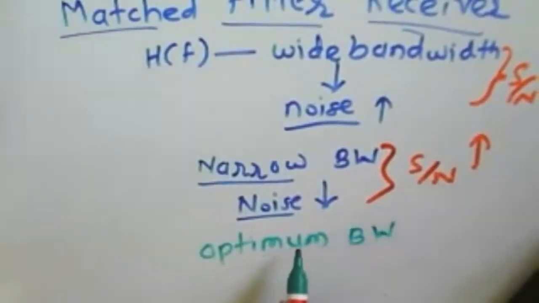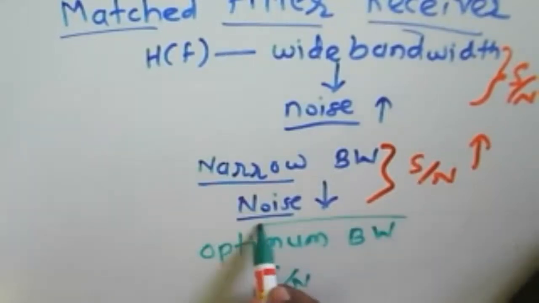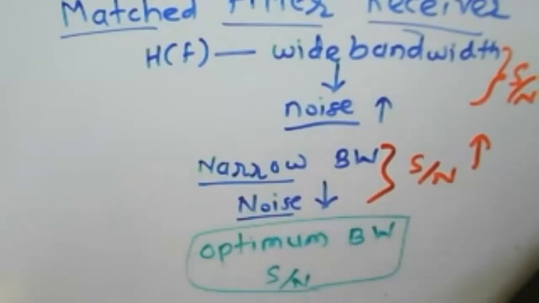It will reduce the noise and maximize the signal to noise ratio. We need to design a receiver in such a way that its bandwidth is optimum and the signal to noise ratio is improved. That's the requirement.